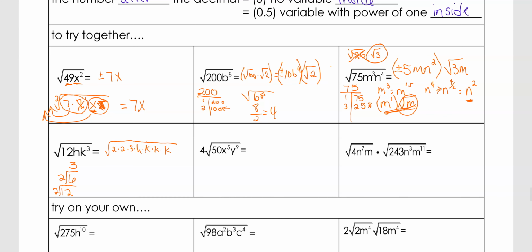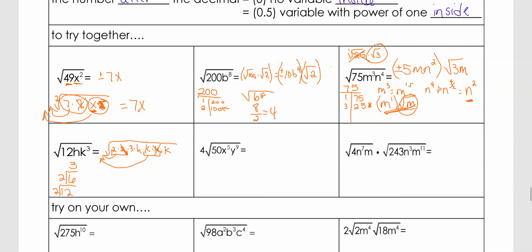So again, remember, we are going to look for partners, and then one can leave the house if they kill their partner. So here is a pair of 2's. Again, this first 2 can leave if he kills his partner. There's only one 3, only one H, but here's a pair of Ks. One K can come out only if his partner is eradicated.